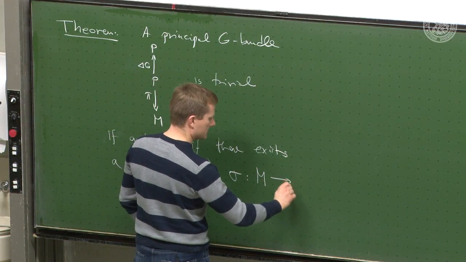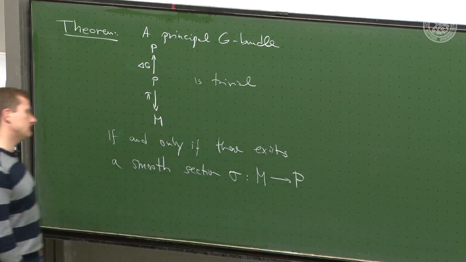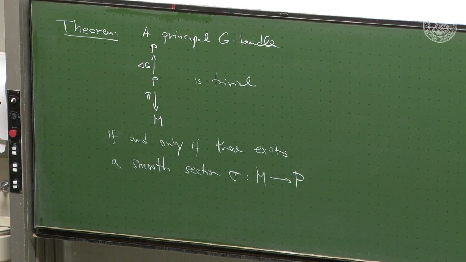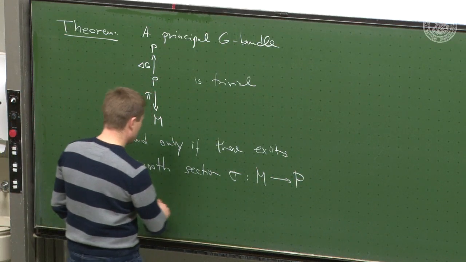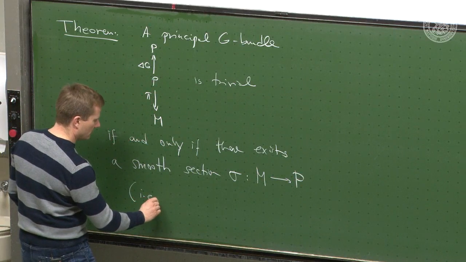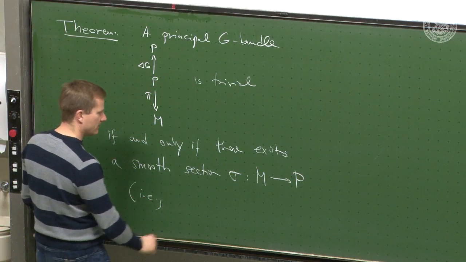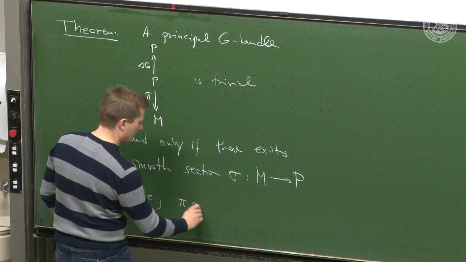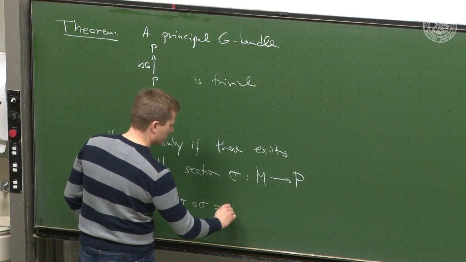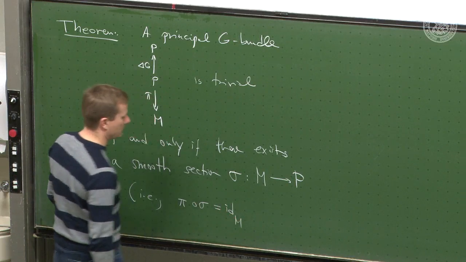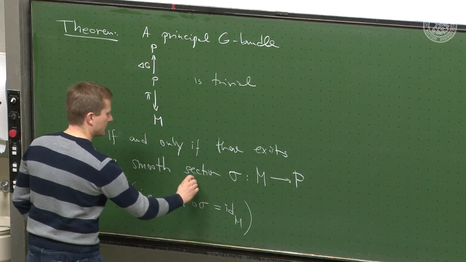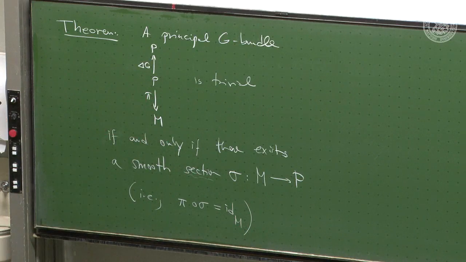You recall that a smooth section is a map from the base space back into the total space, for which we have that pi after sigma reproduces the identity on M. That was just what section meant. And the principal G bundle is trivial if and only if there exists a smooth section.